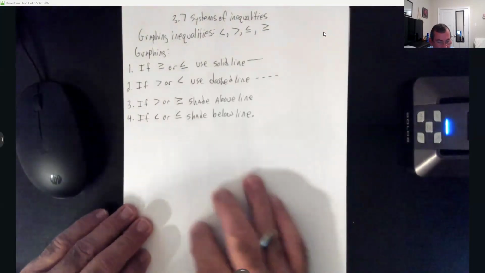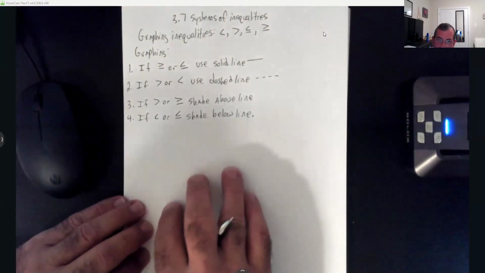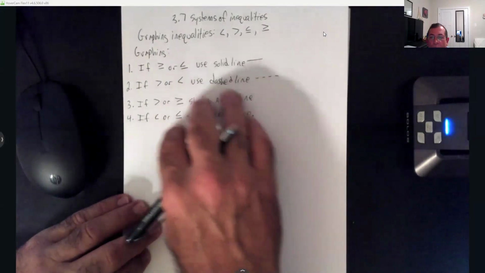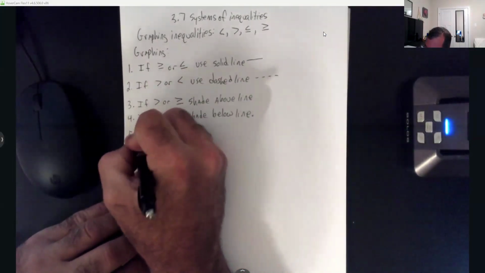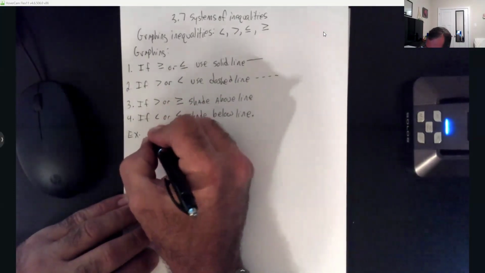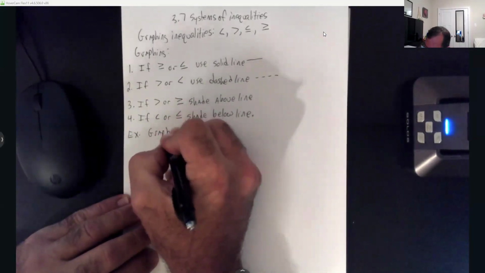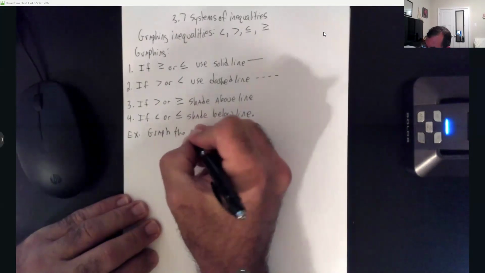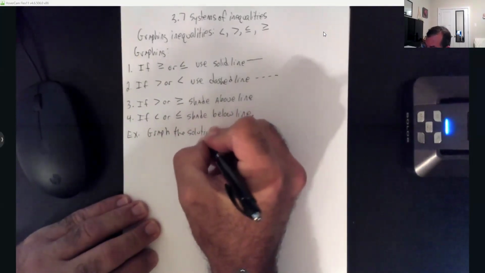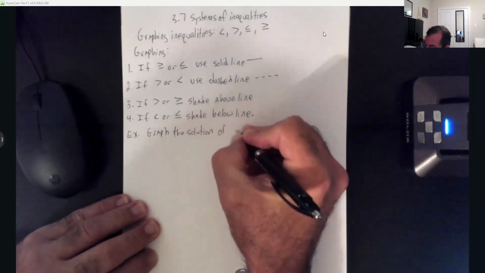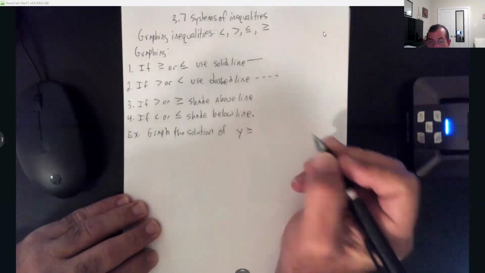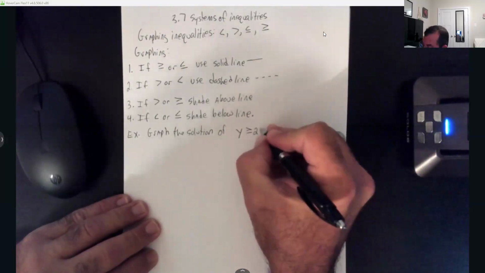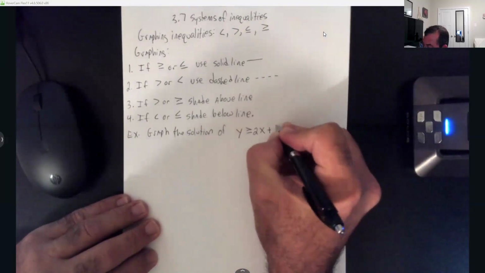So I'm going to play with one of these before we actually get into their examples here to sort of show you what is going on here. So we're just going to graph the solution of y greater than or equal to 2x plus 1.